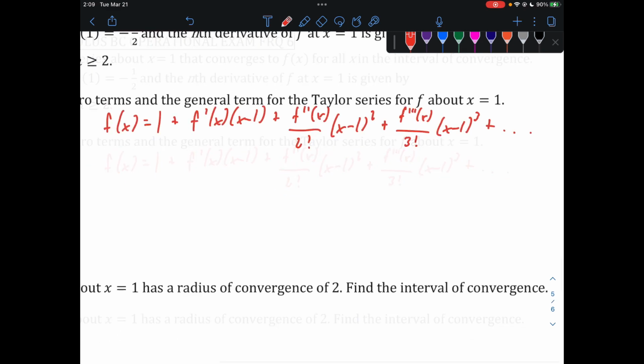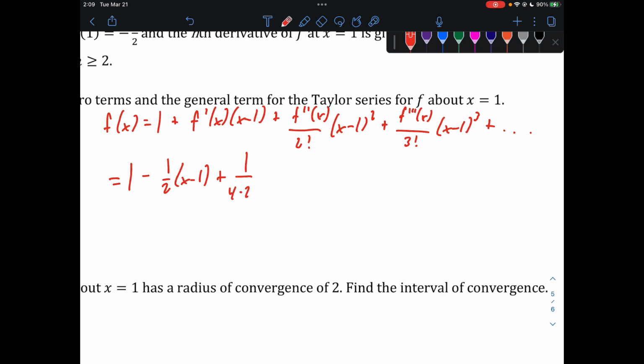All right, so I got 1 plus, f prime was negative 1/2, so it's actually minus 1/2 times x minus 1. F double prime was 1/4, so I'm going to write it as 1/4 times 2 factorial. F triple prime was negative 1/4, so minus 1/4 times 3 factorial.